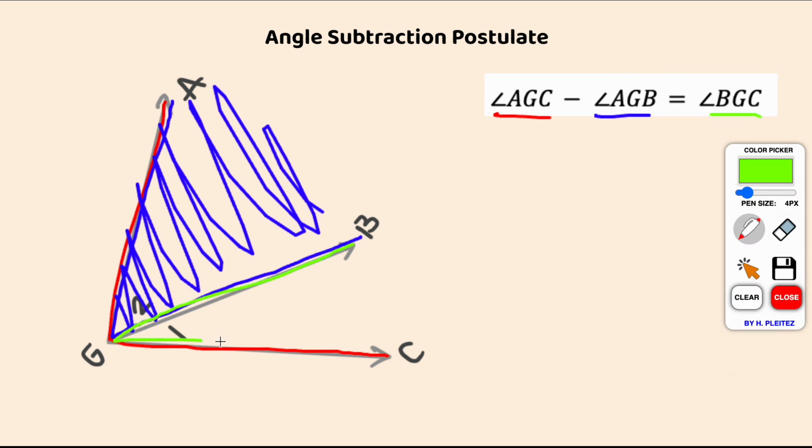There might be cases in proofs where you need to come up with an equation like this, and if you have to make an equation of this sort, your reason would be angle subtraction. In the same way, if you had to make an equation where you're adding up the smaller pieces to get the value of the bigger one, that's going to be justified by angle addition.